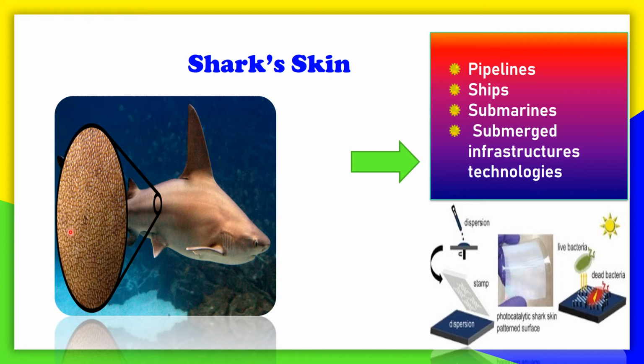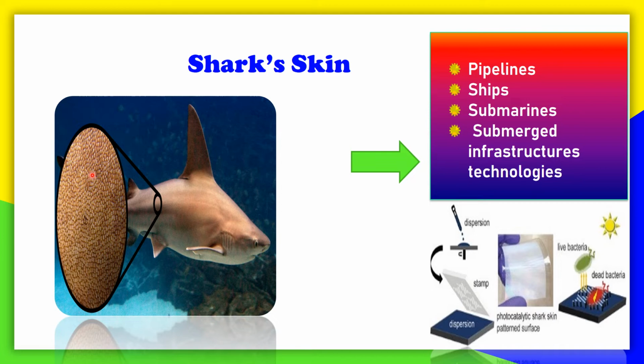The surface of the shark skin has self-cleaning, anti-biofouling, hydrophobic, drag-reducing, and aerodynamic characteristics. The anti-biofouling and self-cleaning properties of the shark are attributed to nanostructured riblets found on the denticles, which you can see over here. The size and shape of these denticles vary between shark species.